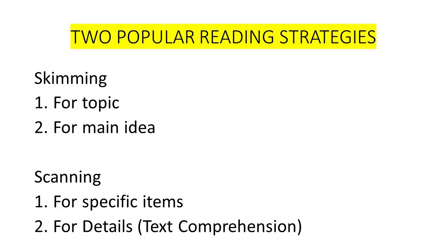How to scan, remember? You should remember that to scan means to read fast, to look for the keyword. If you are looking for the three isotopes, you need to go directly to the keyword.